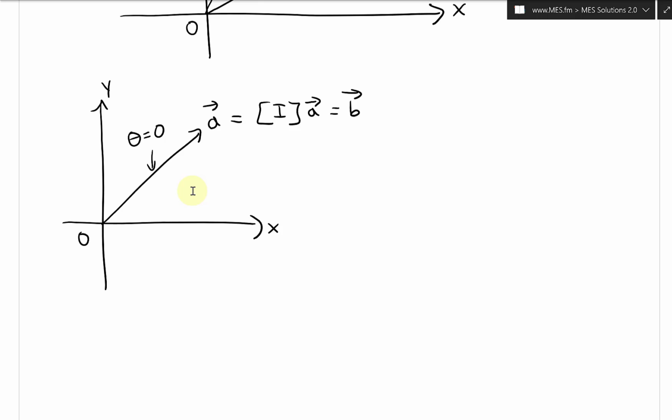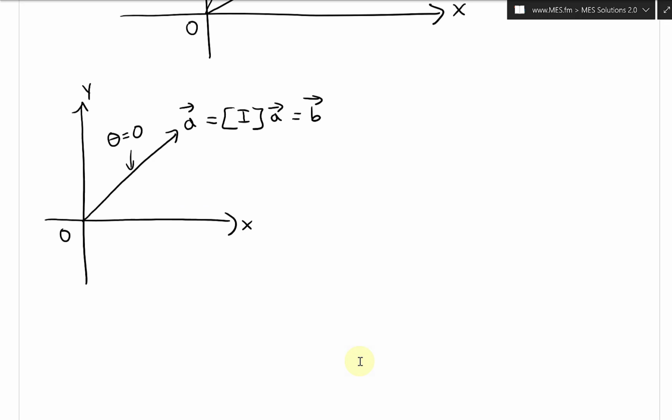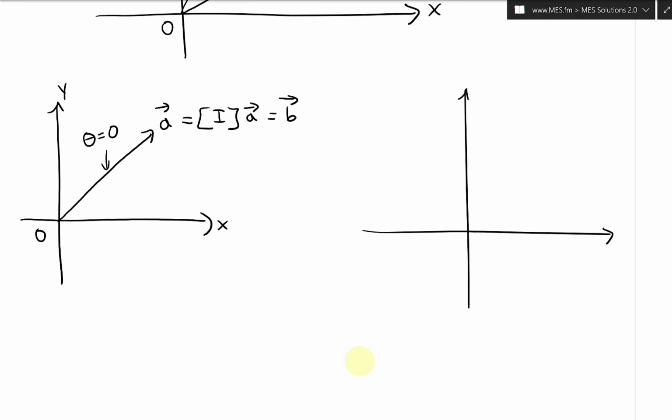Versus, let's move this here. This is going to be our new axis. This is our x, this is our y.